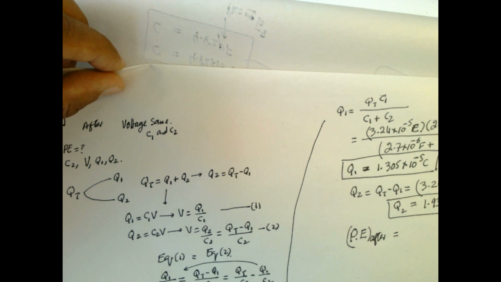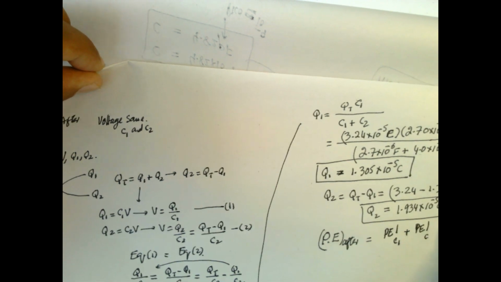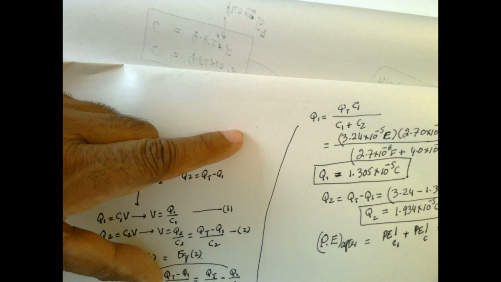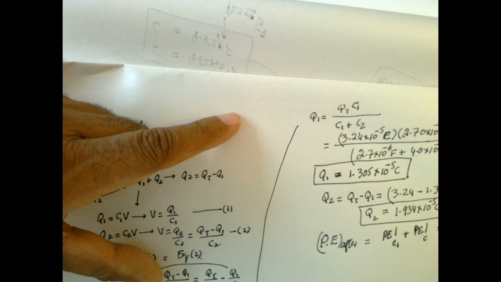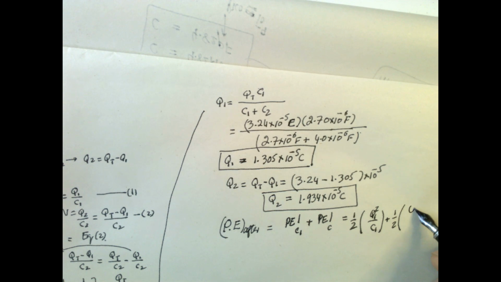So this will be the energy of capacitor C1 plus the potential energy of C2. This will be equal to half Q1 square over C1 plus half Q2 square over C2.